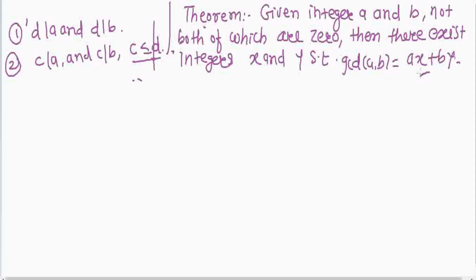So this theorem is about how we can write the greatest common divisor of a and b in terms of the expression ax plus by.